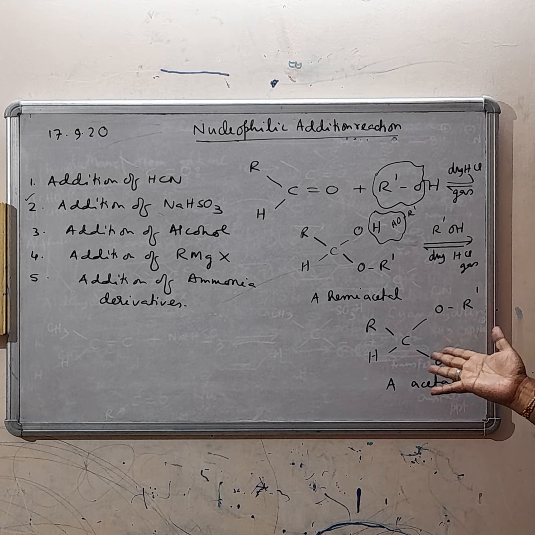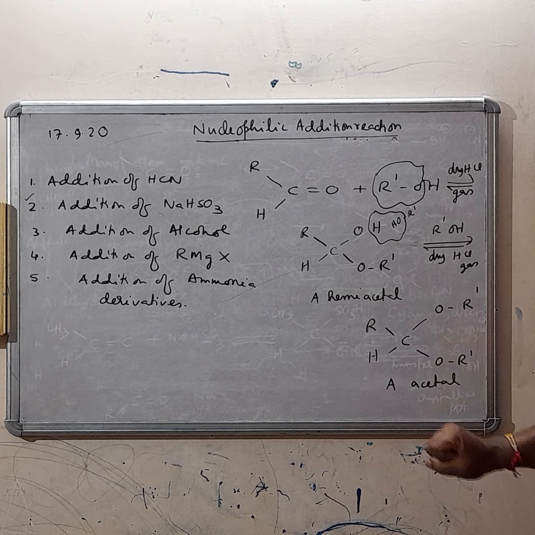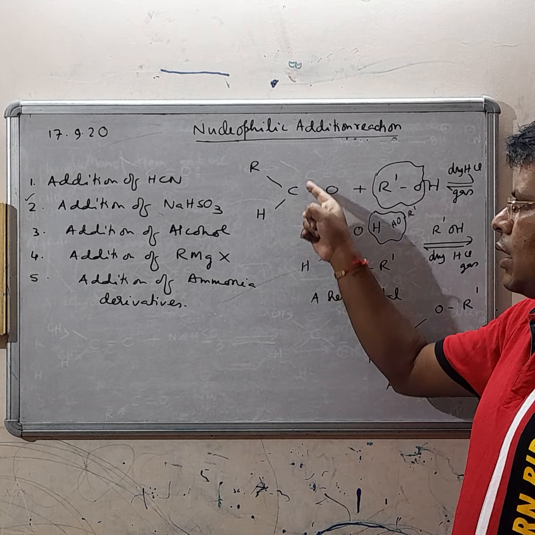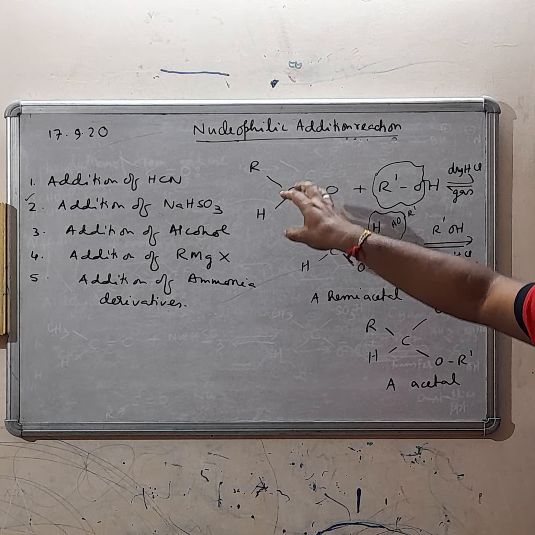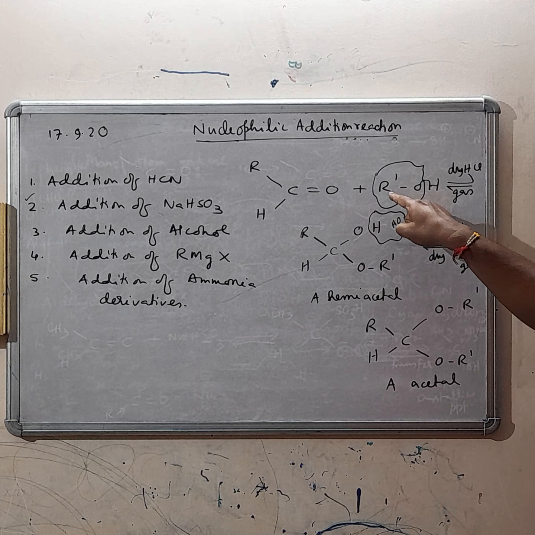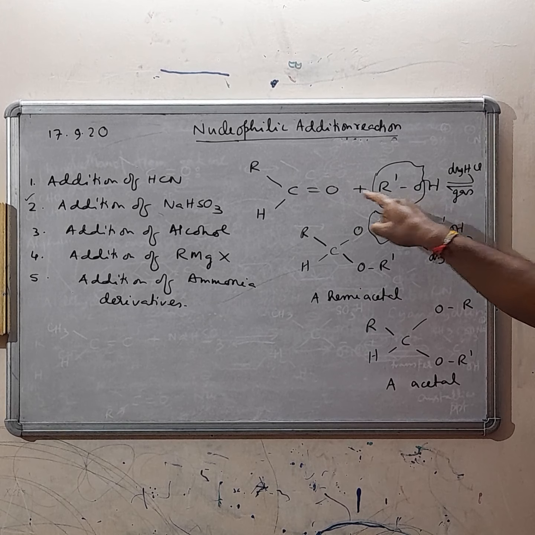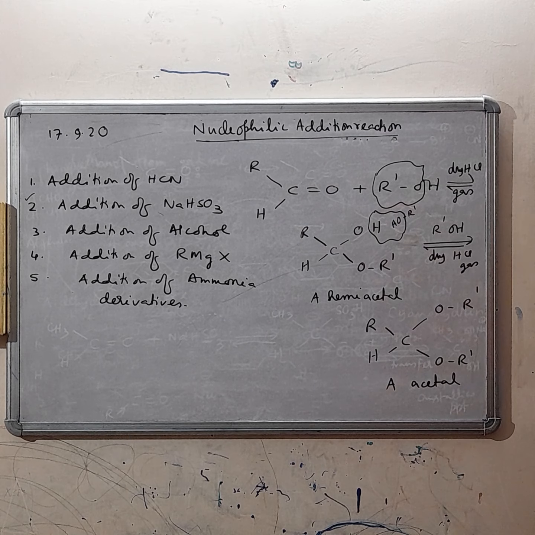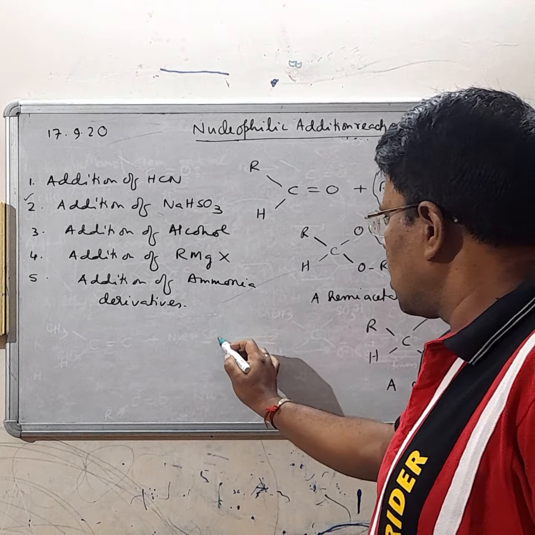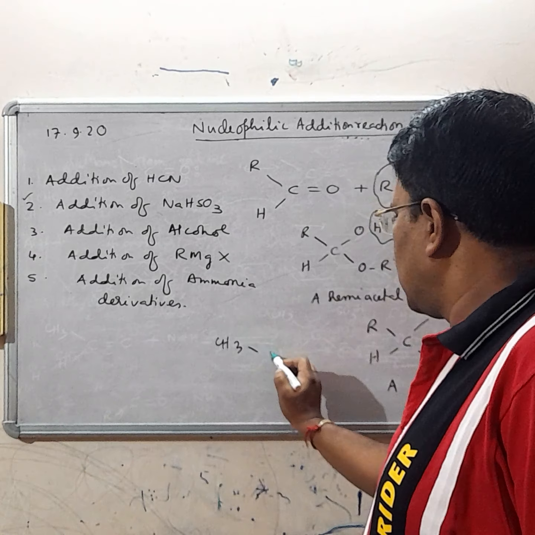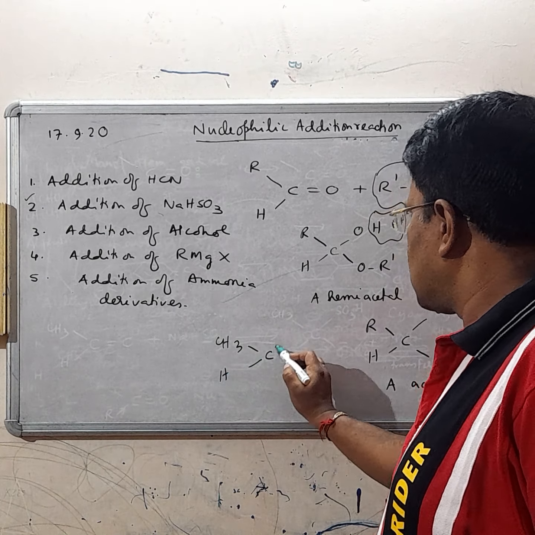Now suppose how will you name this compound if you are starting with acetaldehyde. Okay, if you are starting with acetaldehyde and suppose this is methyl alcohol, then we will get the product like this.